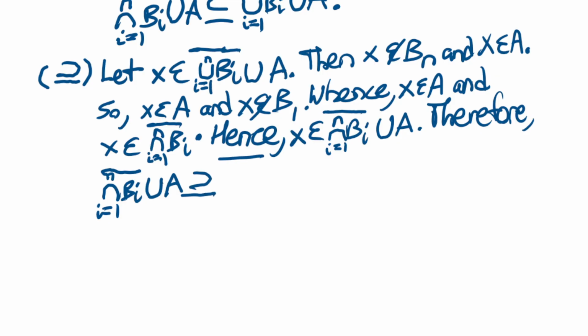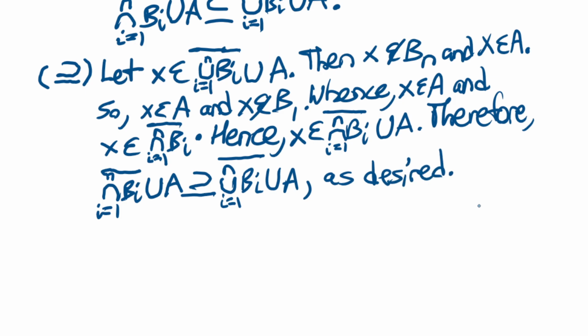We have shown that the complement of the indexed union sets Bi union A contains the complement of the indexed intersection of sets Bi union A. And this proof is done.